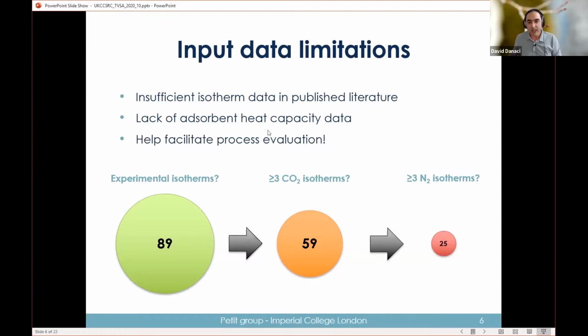For most of the adsorbents in this work, we've assumed that most of the MOFs have the same heat capacity, just because that's the only data that was available. And the zeolites have the same heat capacity, and the activated carbons have the same heat capacity. So this is just a message to any materials scientists out there listening: please measure more isotherms so we can evaluate adsorbents more efficiently.